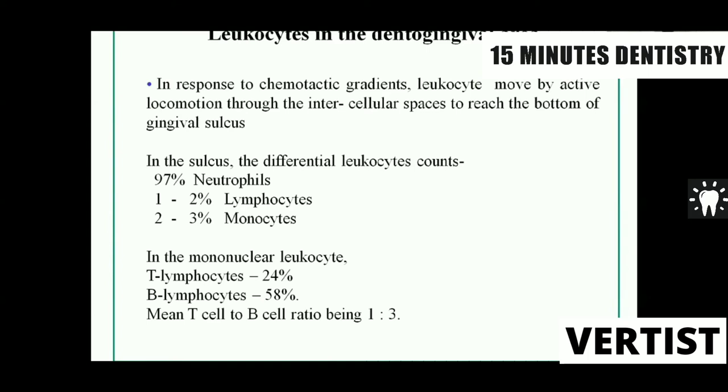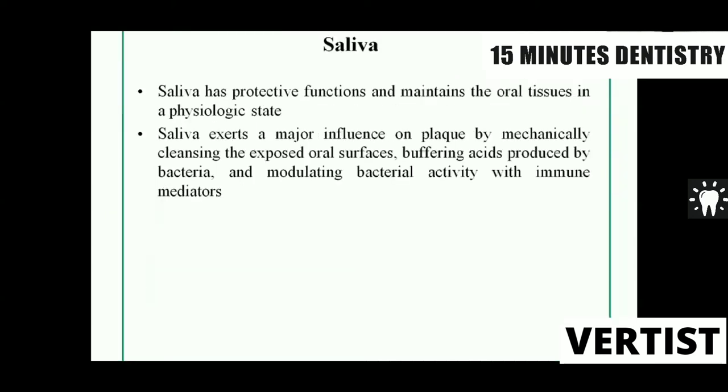Now, 97% are neutrophils present in the sulcus, 1 to 2% lymphocytes, 2 to 3% monocytes. Now, among the mononuclear leukocytes, T lymphocytes are 24%, B lymphocytes are 58%, and the mean T cell to B cell ratio is 1:3. So, this is about the leukocytes in the dentogingival area.